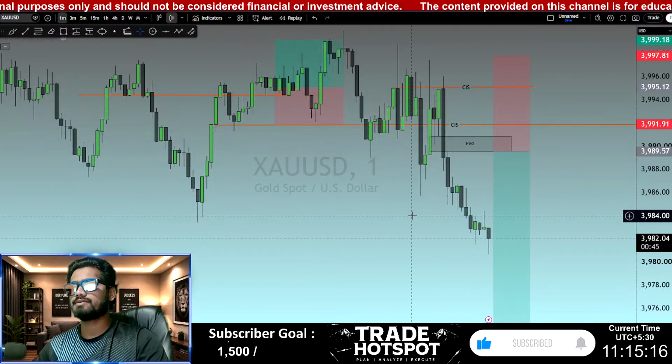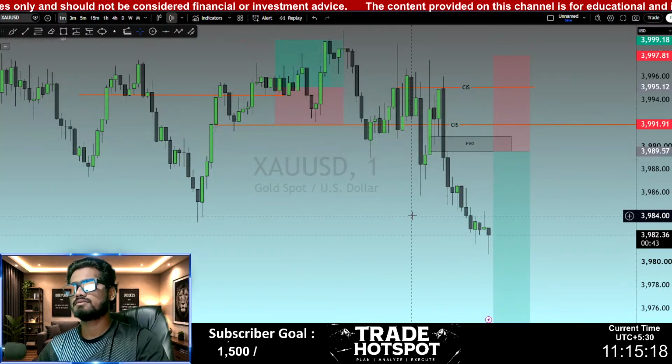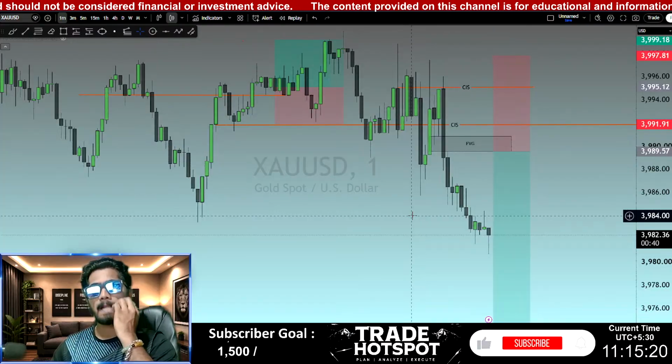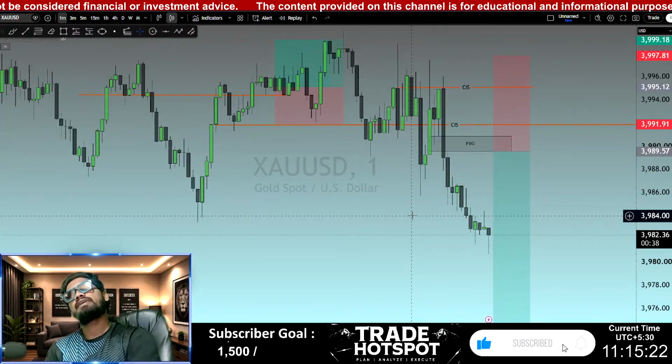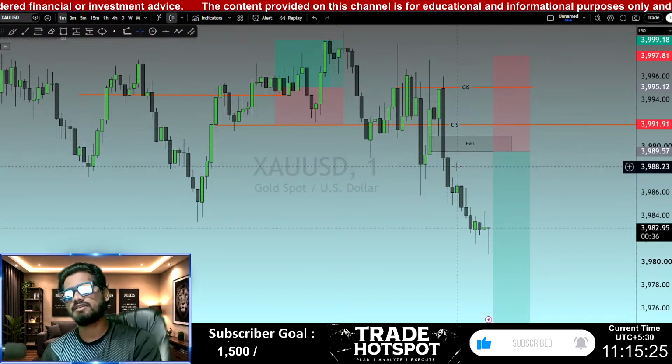Maybe it can be retraced or it will not. But I'm waiting on this area. Wait for this area only.